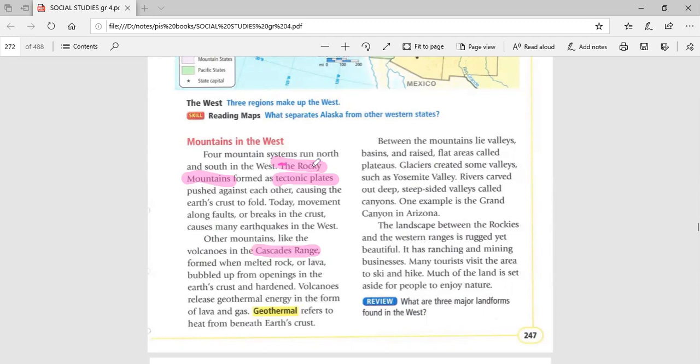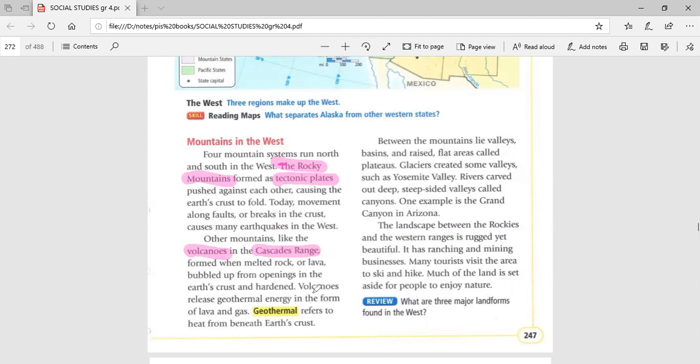So the difference between the Rocky Mountains and the Cascades in the West is that the Rocky Mountains are formed because of tectonic plates, but the Cascades Range is formed because of the volcanoes, because the lava and melted rocks harden, and then the mountains are formed.